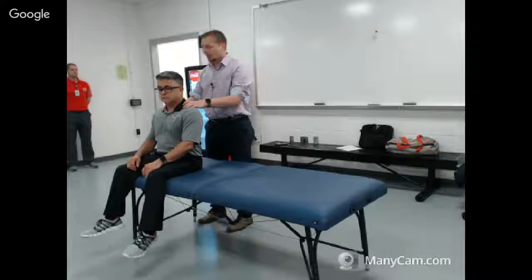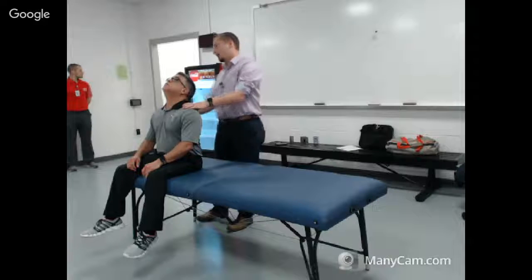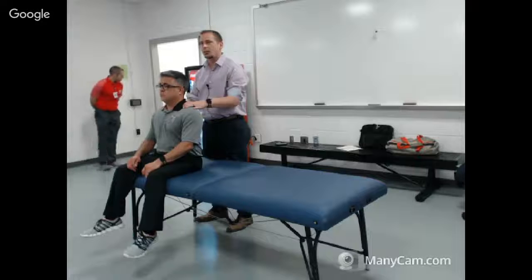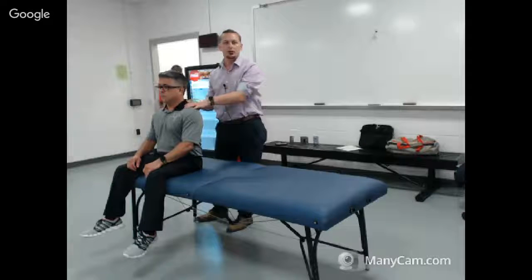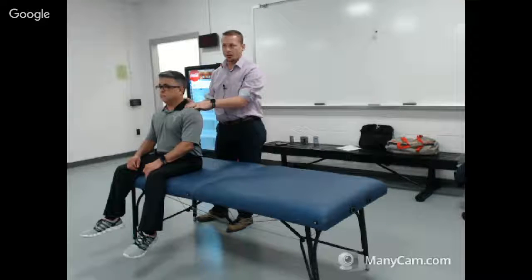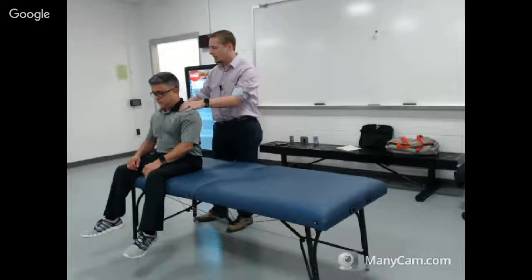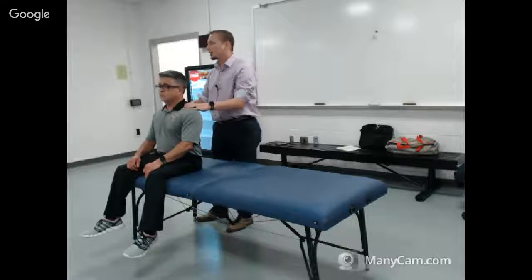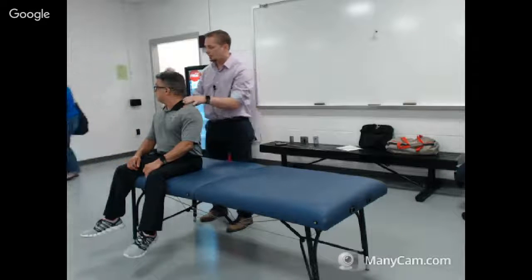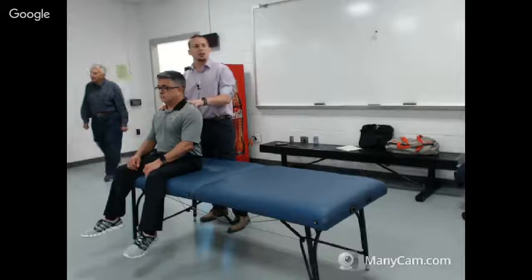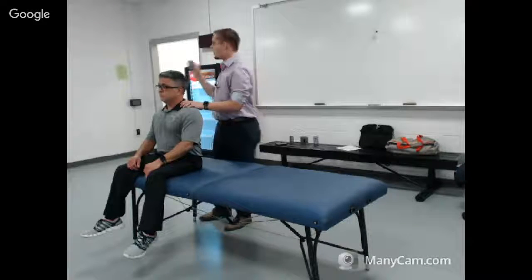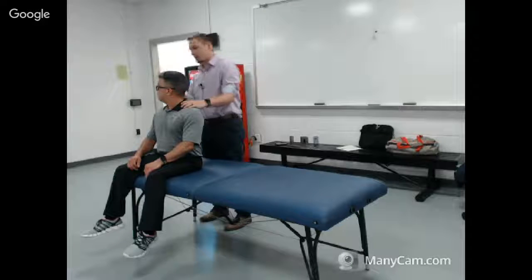And then I'll ask him to extend and see. A lot of times this is going to create some issues for them because they're closing down on their CT junction, which does not want to move. Typically, they're a little bit flexed forward. Chris actually has a pretty flat back mid-thoracic spine, which we're starting to see more and more of now because a lot of their flexion is occurring at their CT junction area. I'll then ask them to rotate to the ipsilateral side, so rotate to the right.